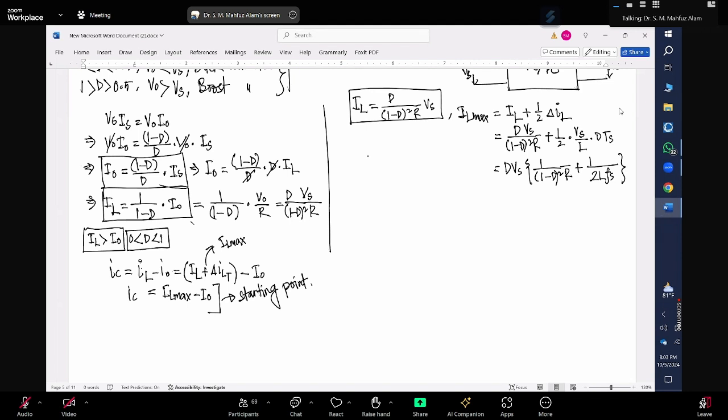So what would be my minimum value then? The minimum value should be IL minus half of del IL. So it should be again D multiplied by Vs, 1 over 1 minus D whole square multiplied by R minus 1 over twice L Fs.